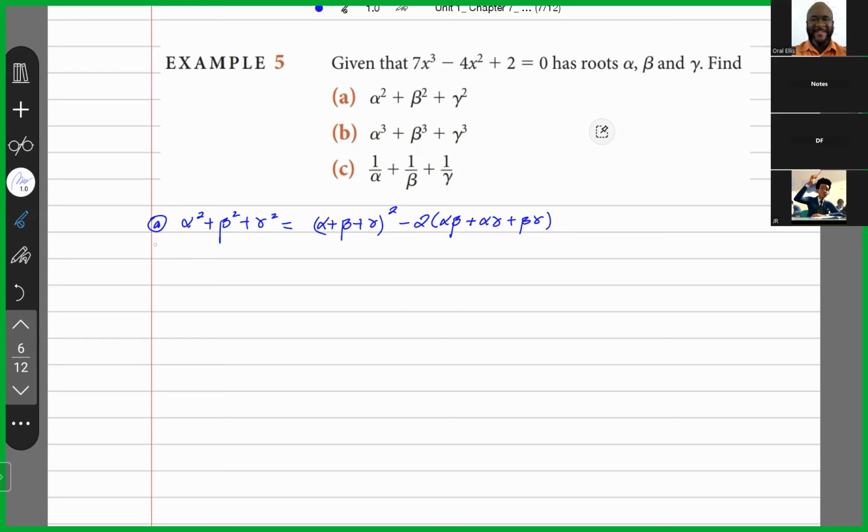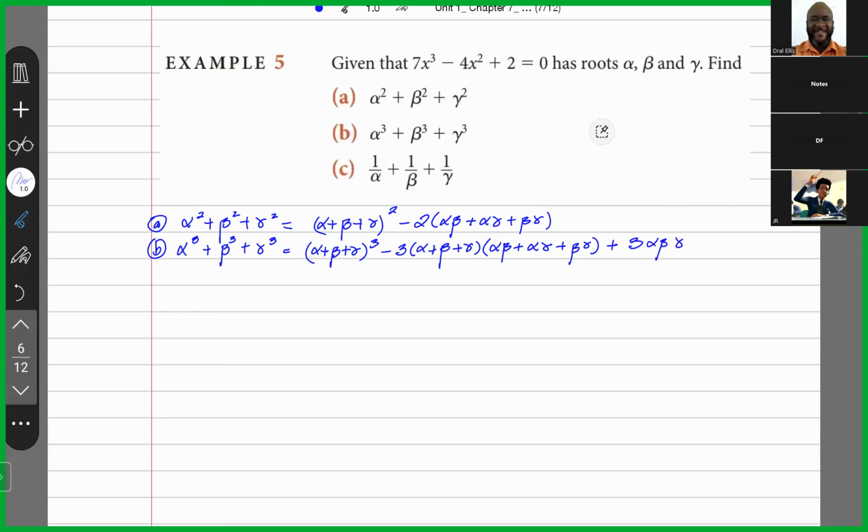In B, we need to find alpha cubed plus beta cubed plus gamma cubed. And this is actually equal to (alpha plus beta plus gamma) cubed minus 3 (alpha plus beta plus gamma) multiplied by (alpha beta plus alpha gamma plus beta gamma) plus 3 alpha beta gamma.